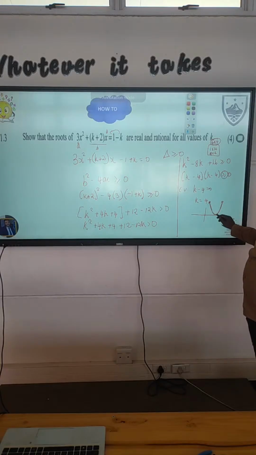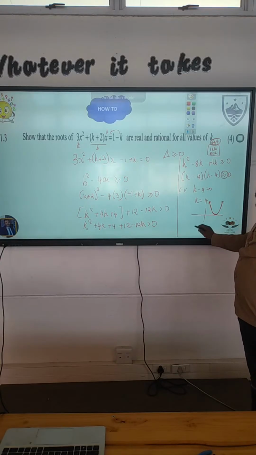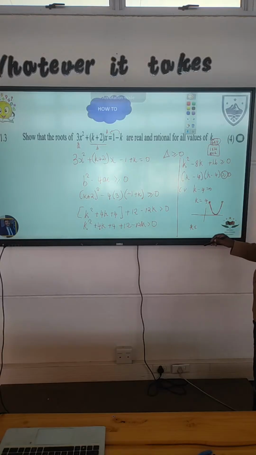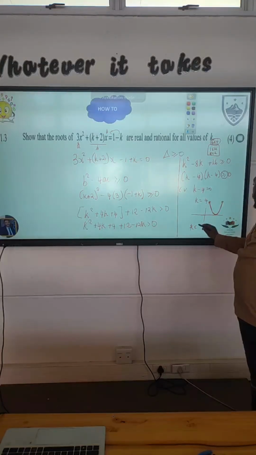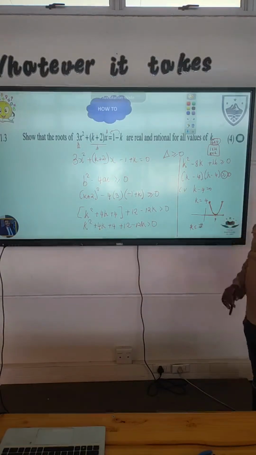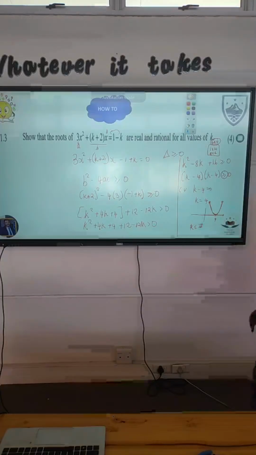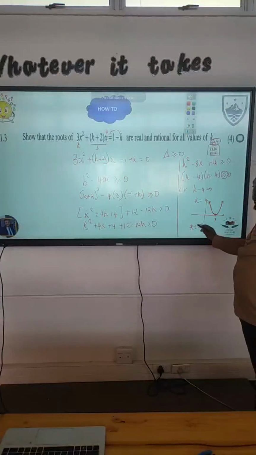So we say, what are the values of k? For k to actually be positive, an element of all integers. This is a critical value of 4. So we want it to be positive. This graph will never be negative.